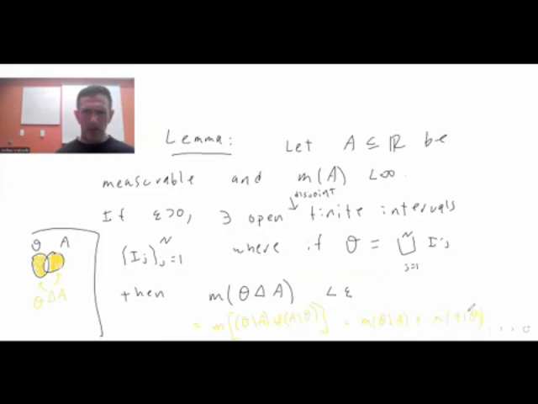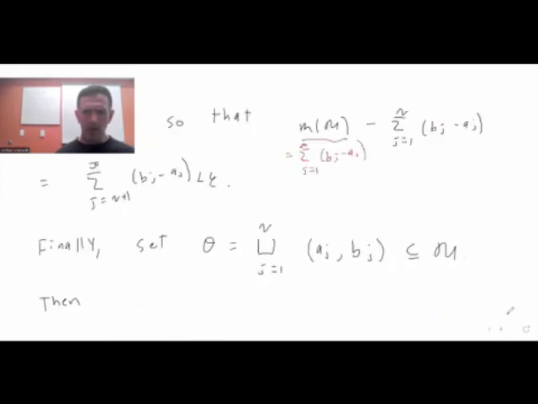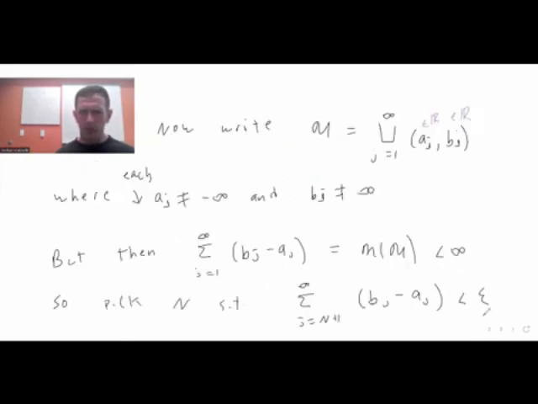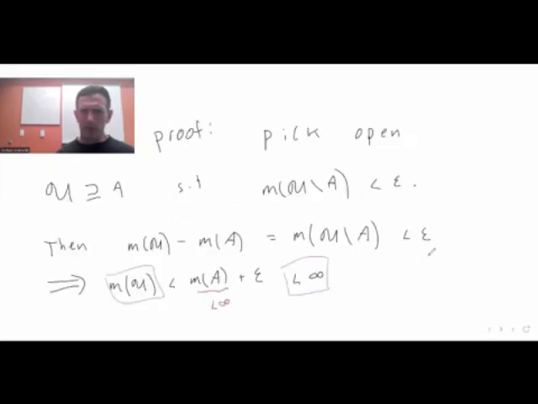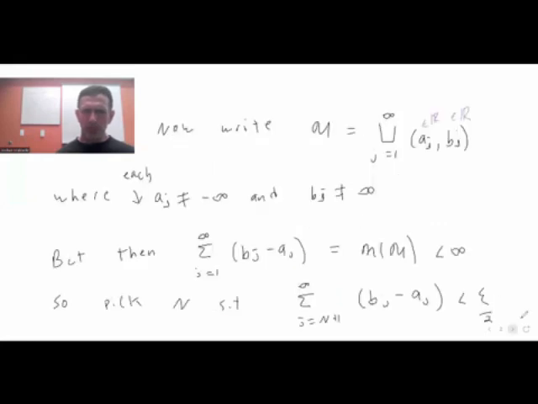So we're going to estimate these two right now. It'll be pretty easy to do. I think I'll get 2 epsilon, whatever. So let's actually make it epsilon over 2.